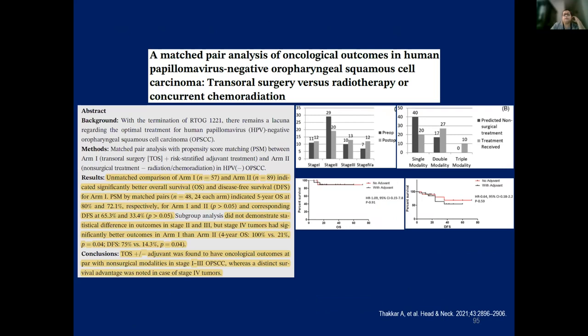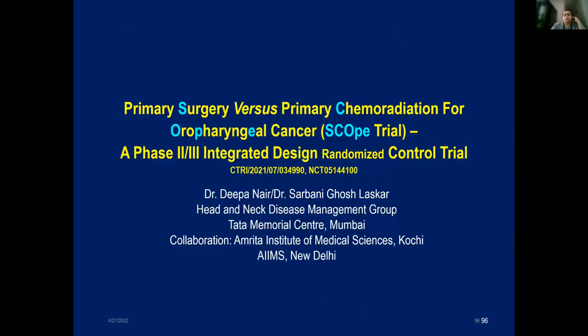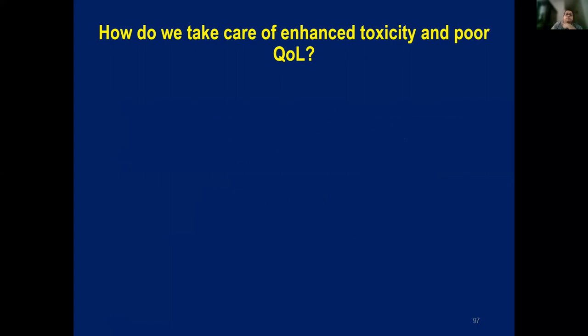And here again, you do see that there may be some importance of actually being able to do surgery as compared to doing only RT in patients with concurrent chemoradiotherapy. We've actually initiated this trial at the Tata Memorial Hospital, where we are trying to look at doing primary surgery as a part of the treatment protocol in HPV negative oropharyngeal cancers.